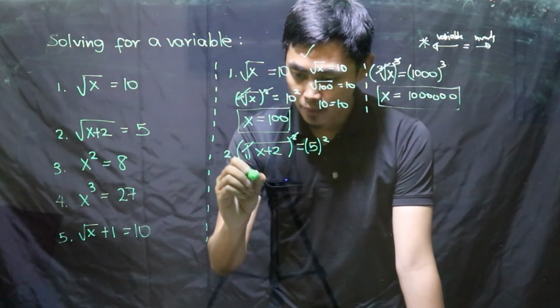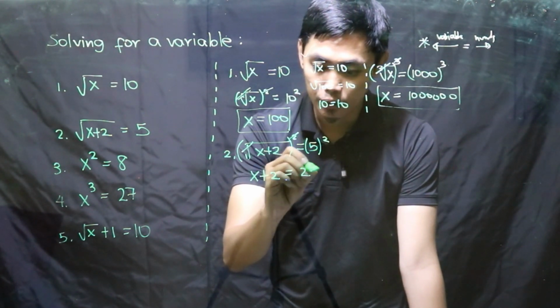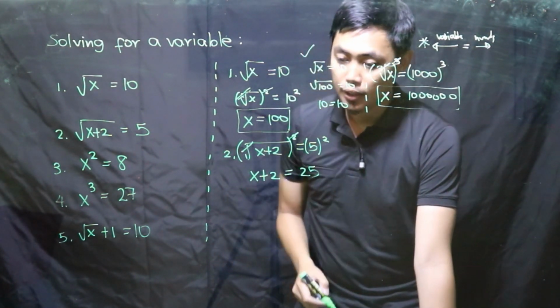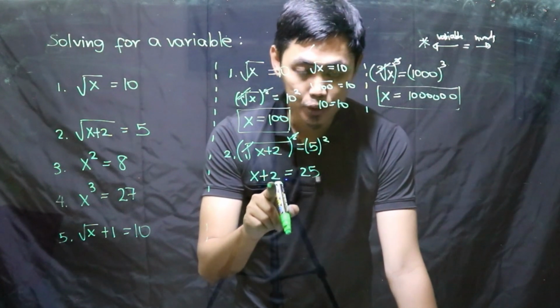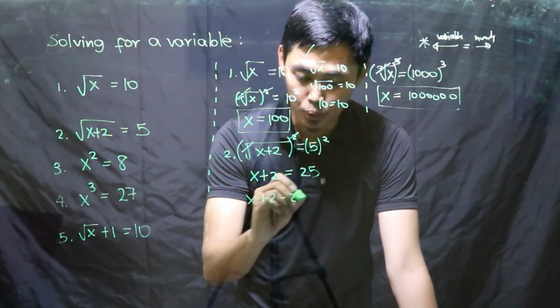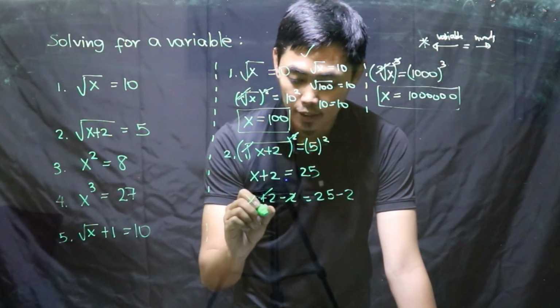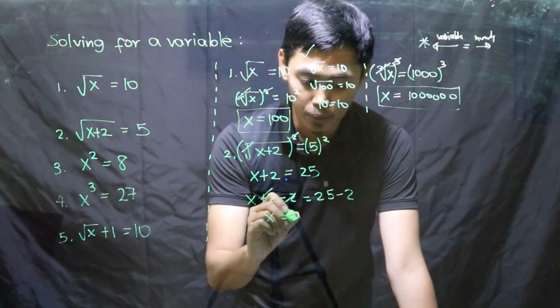Cancel. So what remains is x plus 2 is equal to 25, because 5 squared is 25. Next, remove the plus 2. x plus 2 minus 2 is equal to 25 minus 2. Cancel. x is equal to 23.